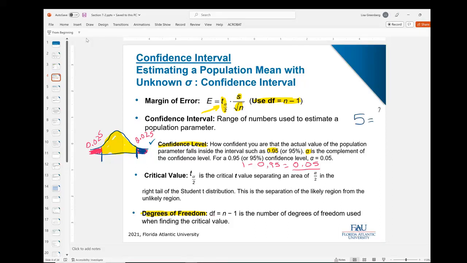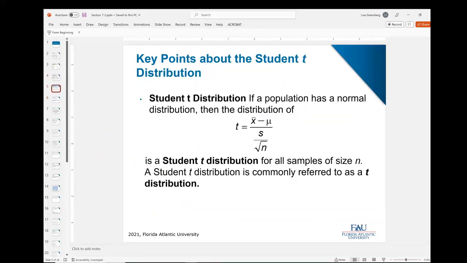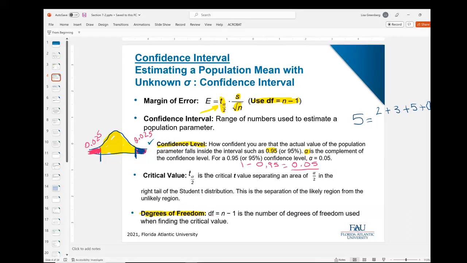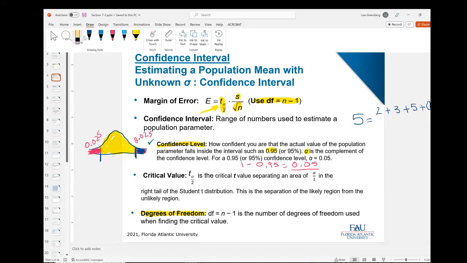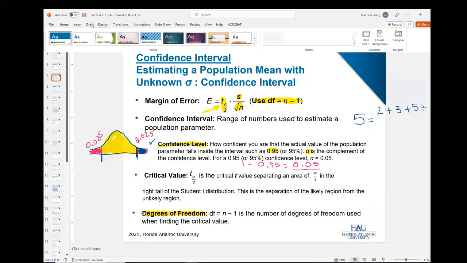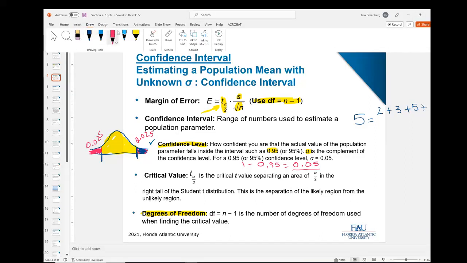Let's say we have 2 and 3 and 5. And we have some number that I don't know. Remember, I don't know this number.